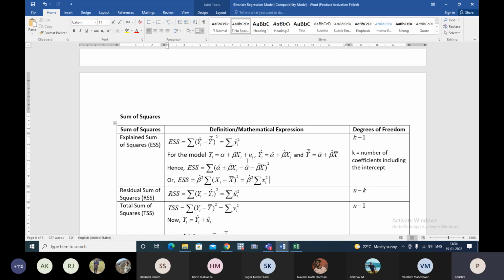Now, for a bivariate model, what can we write? We can write that for a model like this, y hat I is equal to this and y hat bar is equal to this, and then this explained sum of squares can be rewritten as beta hat square into summation of small xi square.